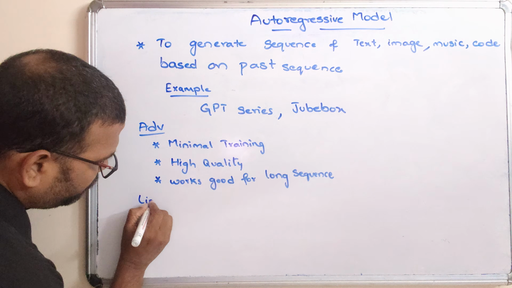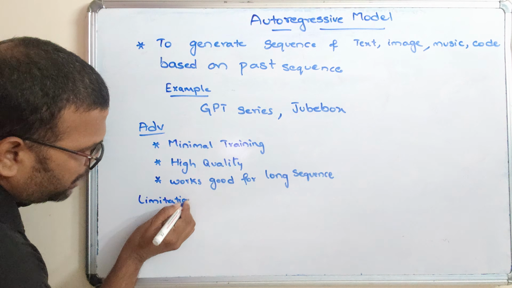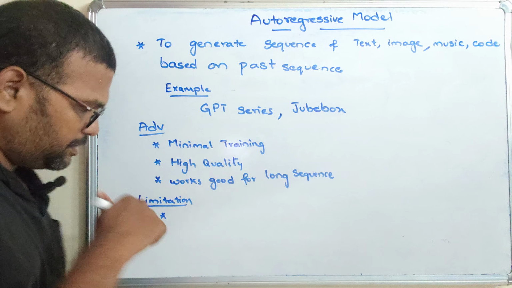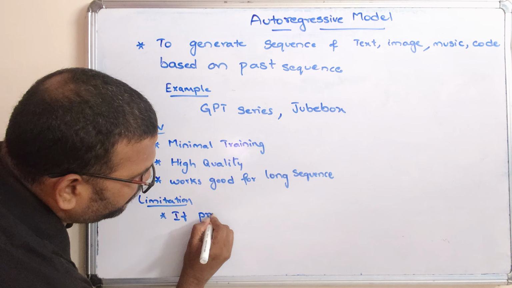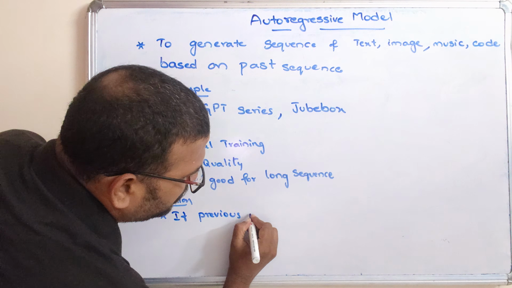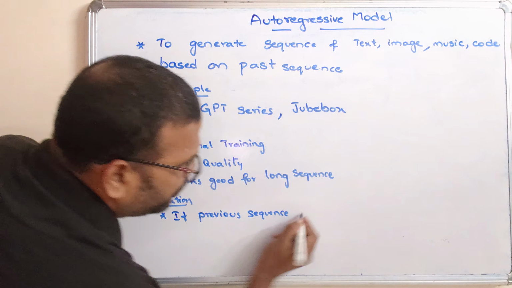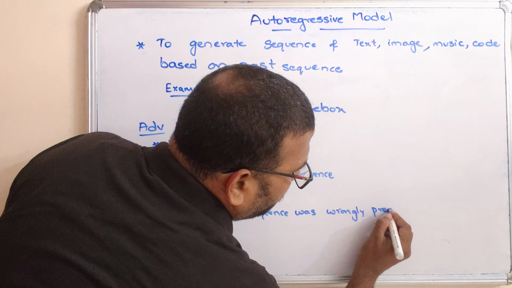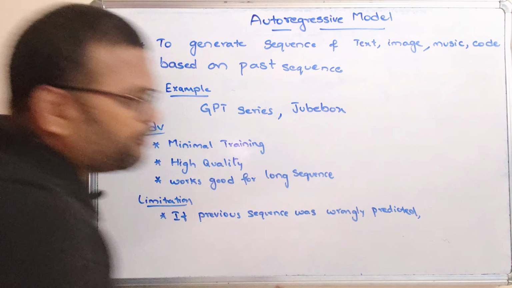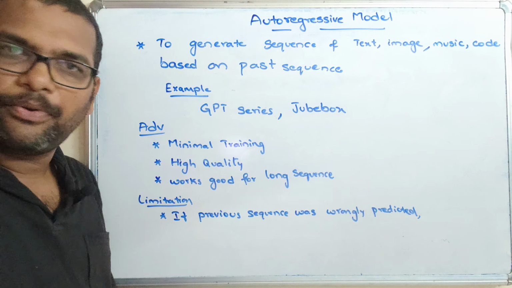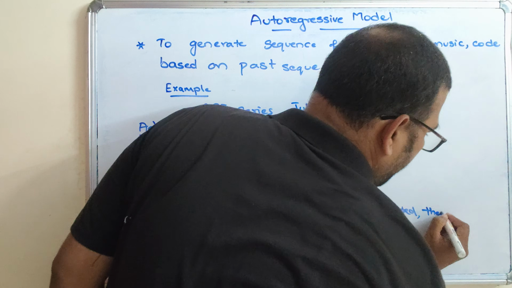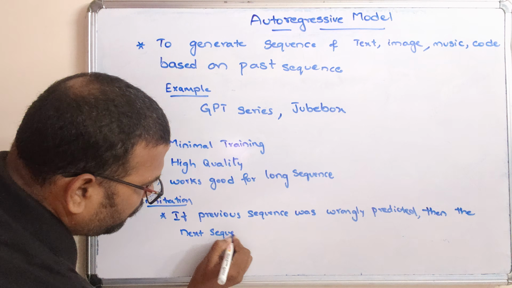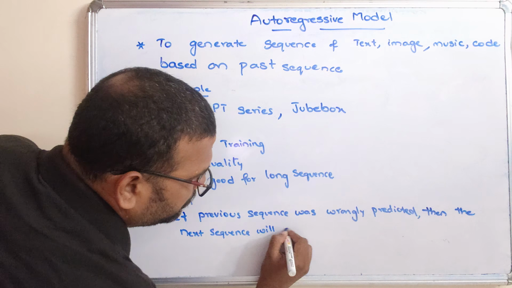And what are the limitations? As I said, the first limitation is that it predicts from the previous ones. So for suppose if the previous sequence was wrongly predicted, then the next sequence will also be wrong.